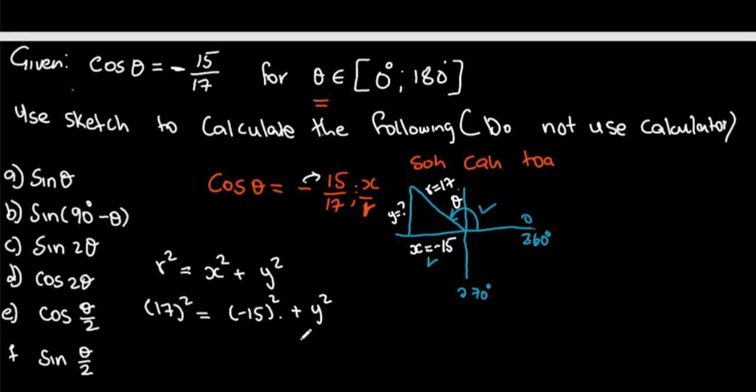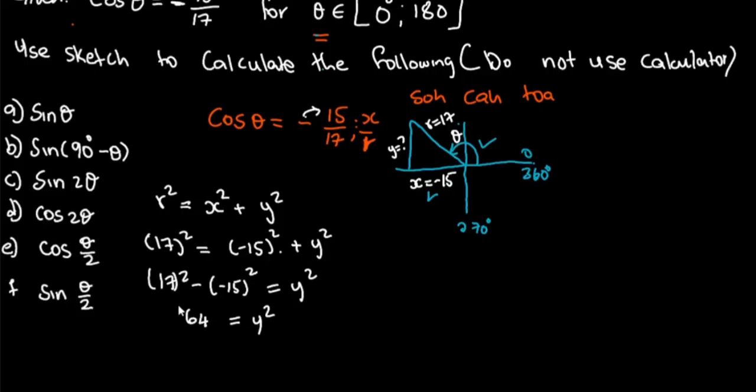So we're going to say this will be 17 squared minus minus 15 squared is equal to y squared. This will give us 64 to be equal to y squared. What you can do next is to take the square root of both sides to find y. Remember, the value of y will be plus or minus 8.